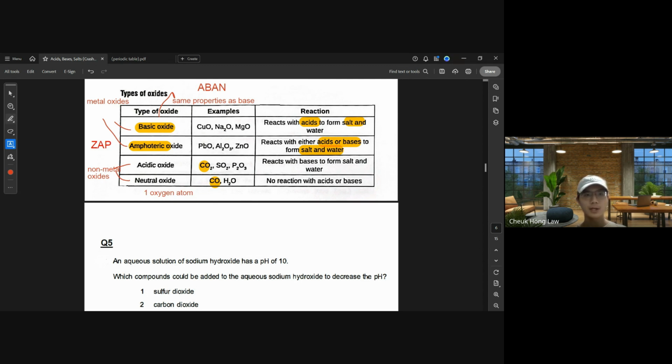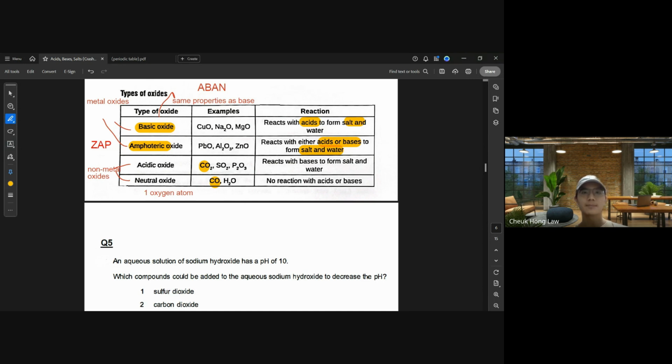For example, CO, carbon monoxide. Mono already says it has one oxygen atom. Water, H2O, also has one oxygen atom. So these non-metal oxides with one oxygen atom are your neutral oxides.